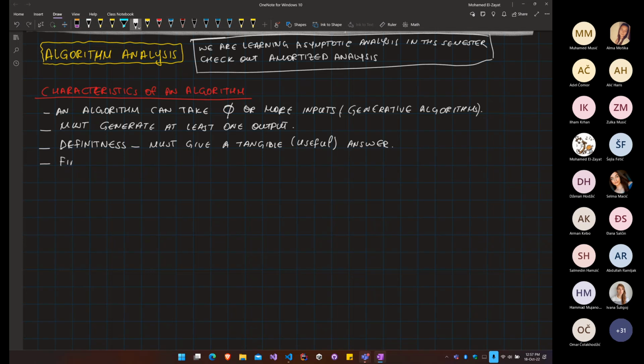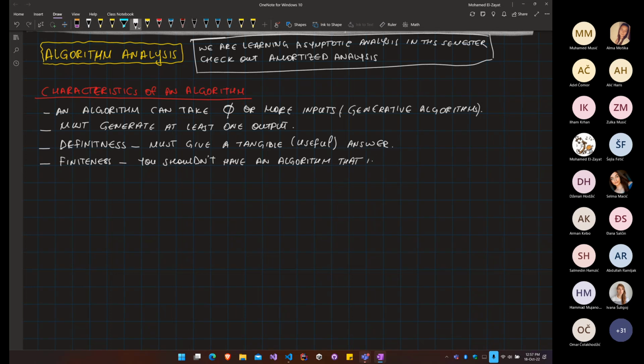Finiteness. Meaning that you shouldn't have an algorithm that infinitely loops without an output, which conforms to the previous point, right?